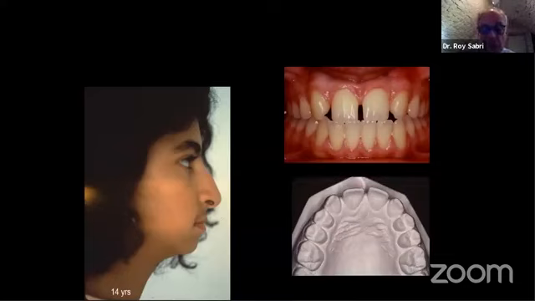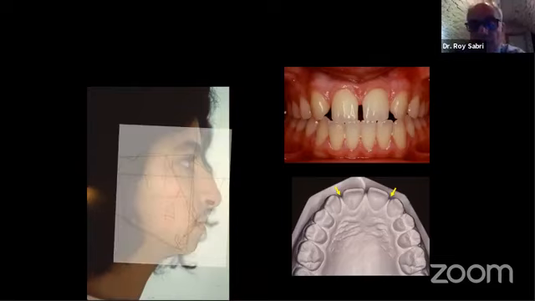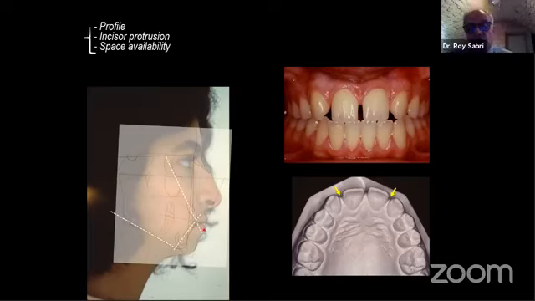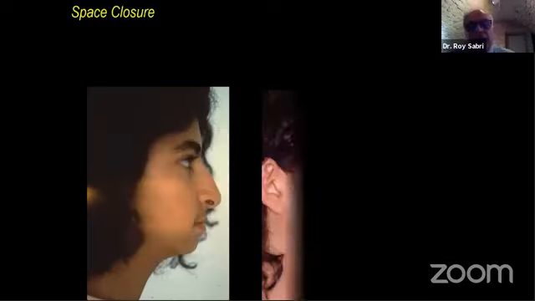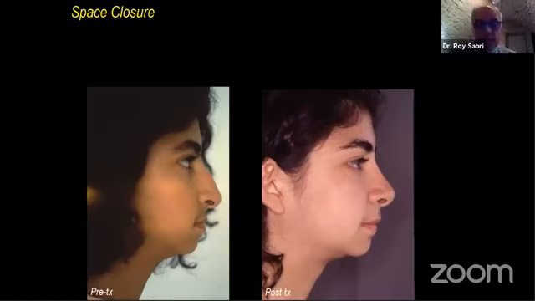This is a patient, again, she has a protruded lower lip, an edge-to-edge bite. Arch length deficiency is calling for space closure, and the profile is calling for space closure. So it's an extraction case where I extracted two lower bicuspids and closed the space. Here is the end result.